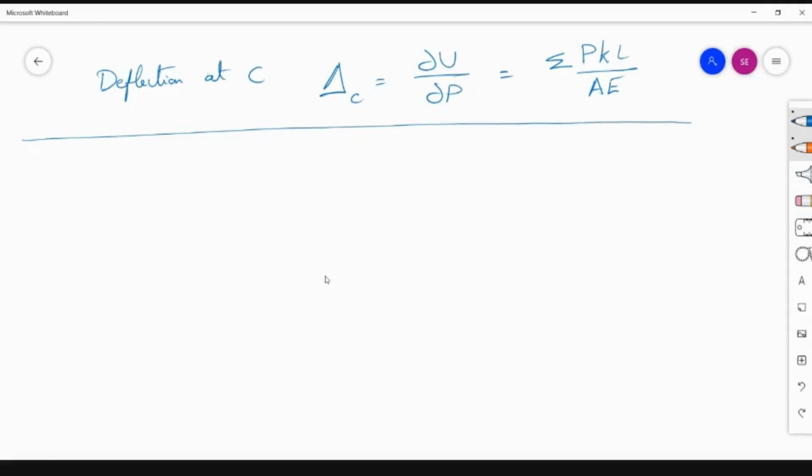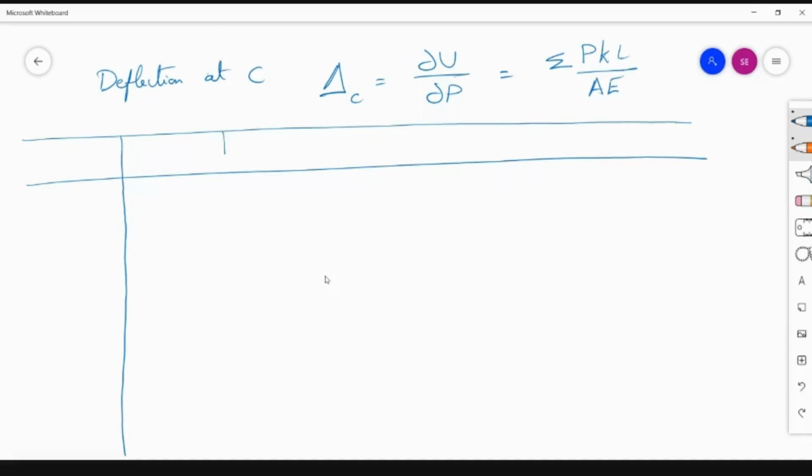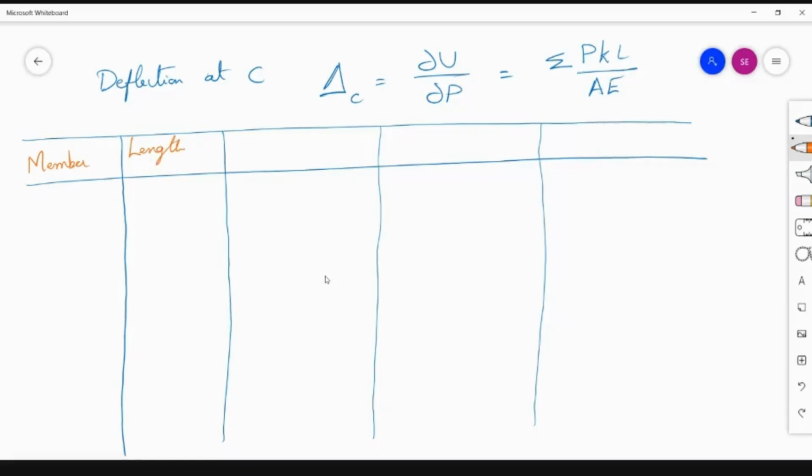Just prepare a tabular form like this. Here is the member, the length, this is capital P, this is dou P by dou P, that is k, then P into k, where Pi are P1, P2, P3, the forces in the members, and you are doing the partial derivative, and then L by AE.